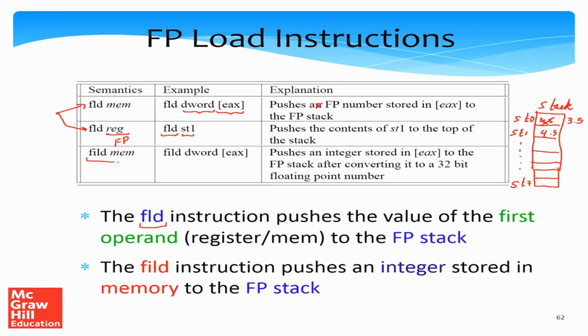Similarly, we have the FILD instruction, where I stands for integer. This pushes an integer stored in memory to the floating point stack. So essentially it does an int to float conversion. Think of it that way.